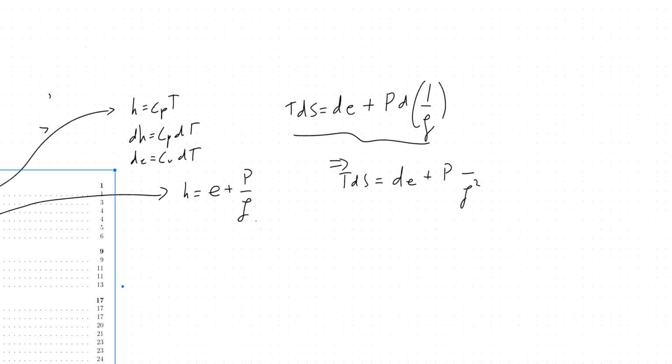So what that tells me is that you have to use this equation to get the rest, which is to do dH equals dE plus dP over rho.